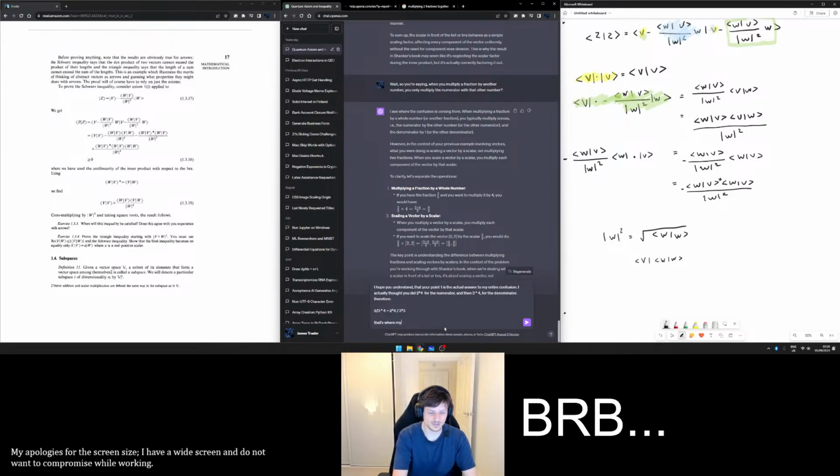That's where my problem lied. It's actually 2 times 4 over 3. Noting that you don't multiply the scalar 4 by the denominator part of the fraction.